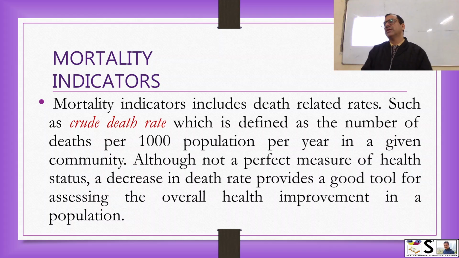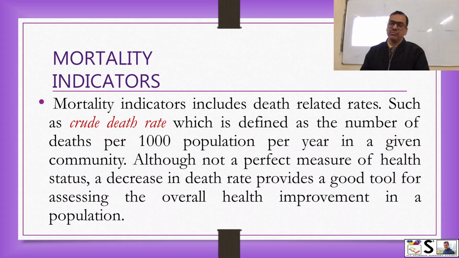For example, in our area, that is our community under a sub-center or PHC, how many deaths occur in the whole year, and then we divide it by the total population and multiply by 1000. Then our crude death rate will come.